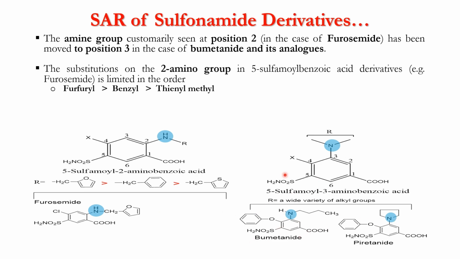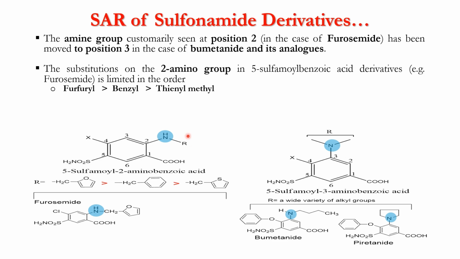So the substitution on the amino group is going to be there. So the R group is a substituent in the case of furosemide at position 2 on the ring system, and we also have R in the case of the bumetanide series substituted at position 3. When we consider the furosemide case, the substitution on the amine group is limited.